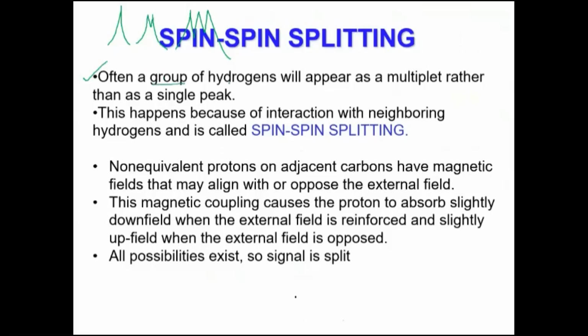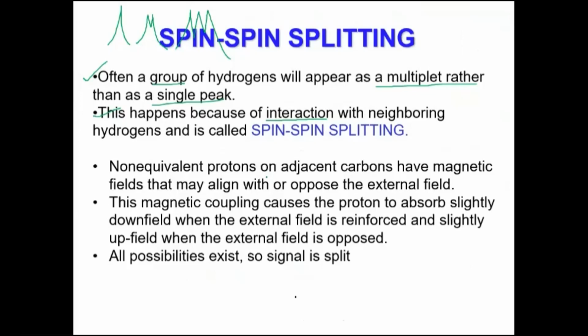Often a group of hydrogens will appear as a multiplet rather than a single peak. So you are not observing a single peak, you are observing multiple peaks as a single signal. This happens because of interaction with neighboring hydrogens, and it is called spin-spin splitting. Now, non-equivalent protons on adjacent carbons have magnetic fields that may align or oppose the external field.